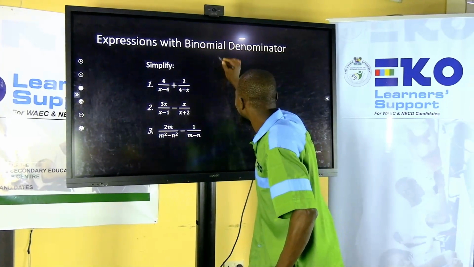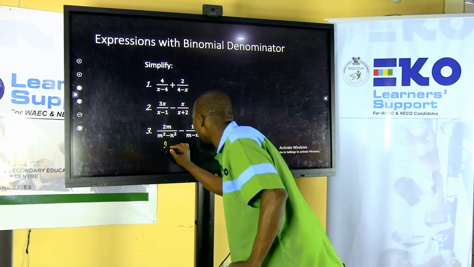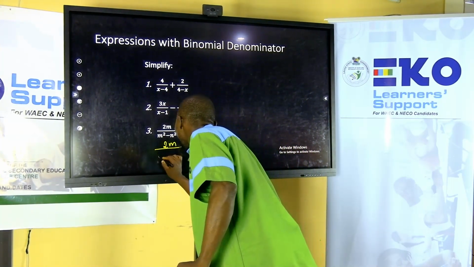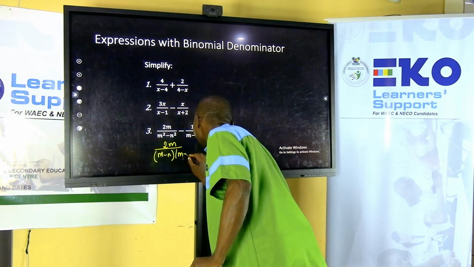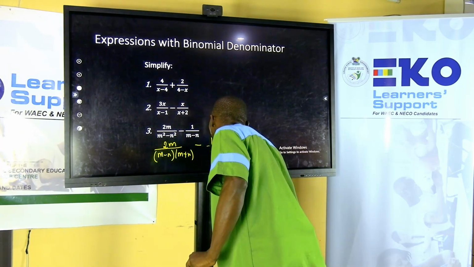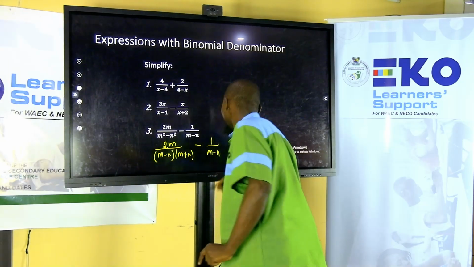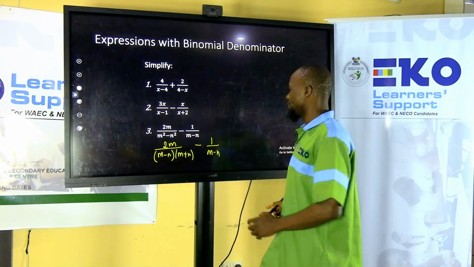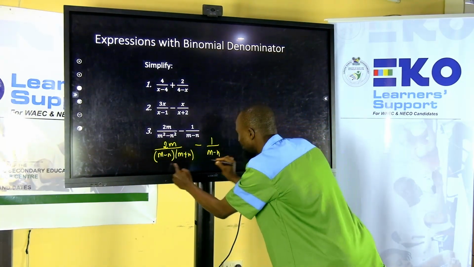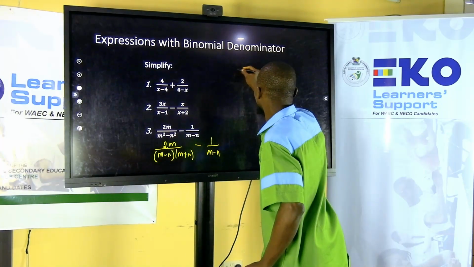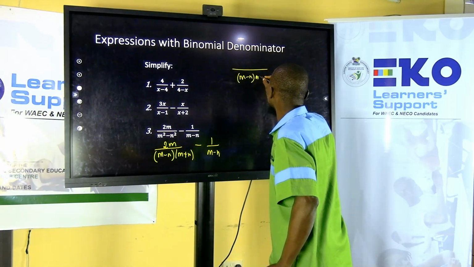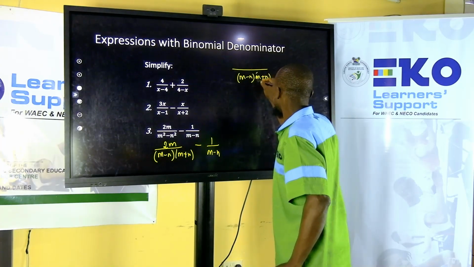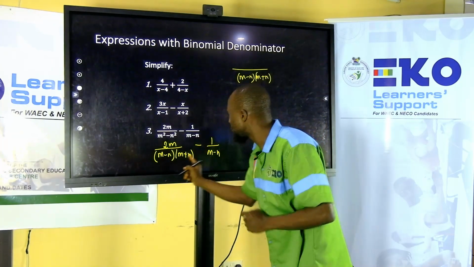So in that case, we have 2m over m minus n, m plus n, minus 1 over m minus n. All right? So in this case, you are taking m minus n, m plus n as the LCM. All right? So this, we cancel the whole of this.